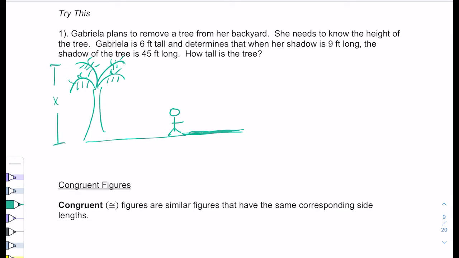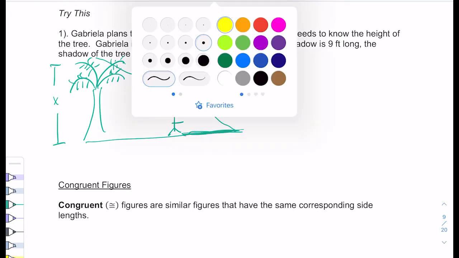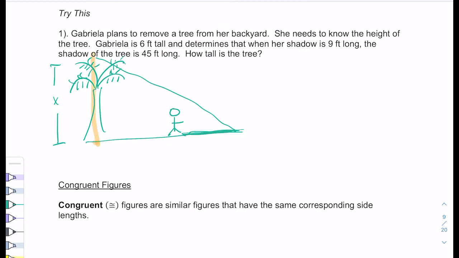So we're going to just create two triangles. We've got this big triangle here. Think of this as your triangle. That's your big one. Okay, so that represents the tree and its shadow. So we don't know the height of the tree, but we know the shadow is 45 feet long.